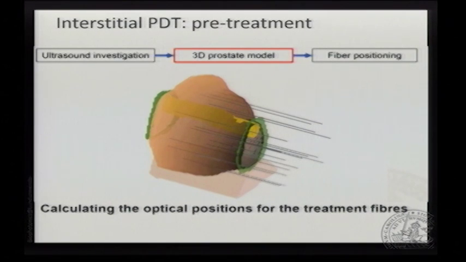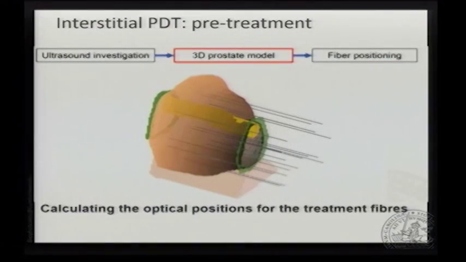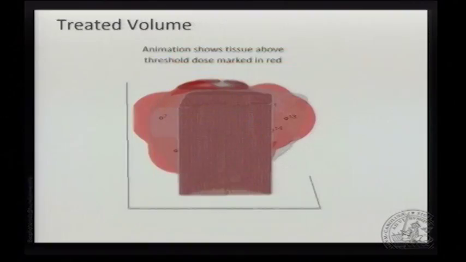Then the next question is, how do I plan to place the fibers? Since I can't really treat with only one fiber, I need multiple fibers. Where do I place them optimally to treat the entire volume as quickly, efficiently, and evenly as possible? So the next step is to calculate these positions.